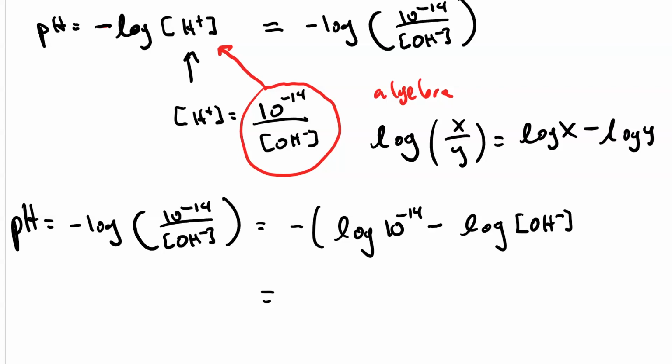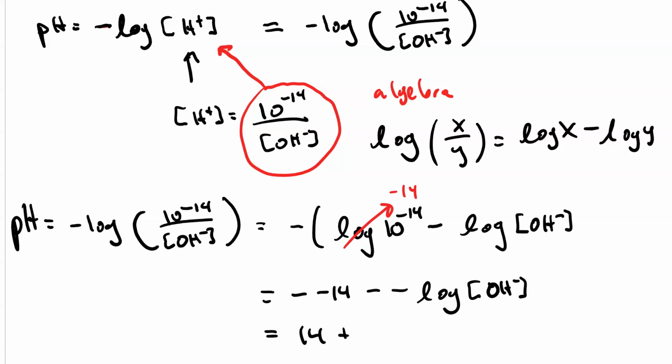So the log of 10 to the negative 14th is negative 14. So we have negative 14 minus the negative log of the hydroxide ion concentration, which just becomes 14 plus the log of the hydroxide ion concentration. And this is the pH equation you want to use in basic solution.